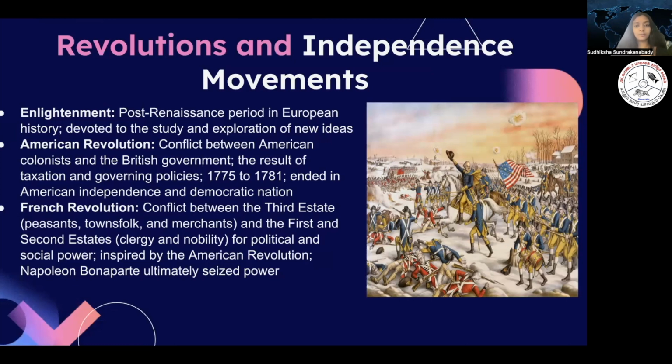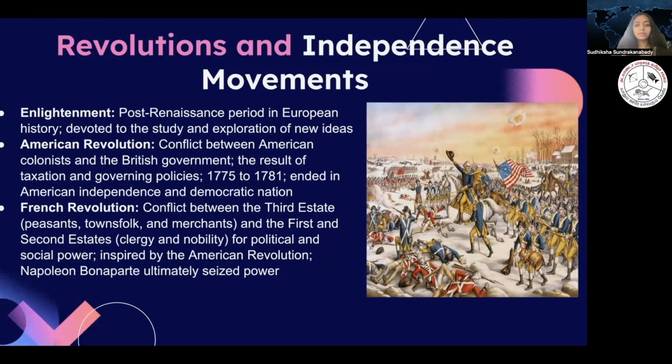So this was a conflict between American colonists and the British government. They were very angry because of the taxation and governing policies that the British government put on America. So from 1775 to 1781, they fought for their rights, and eventually they did win this conflict, and they got their independence from Britain, and it ended in a democratic nation for America.